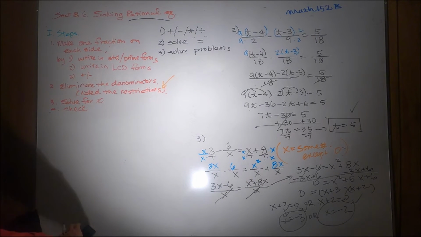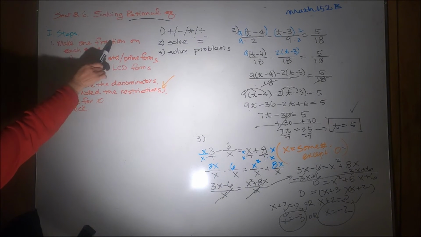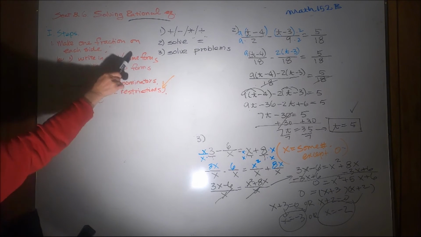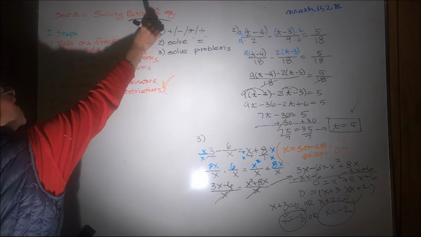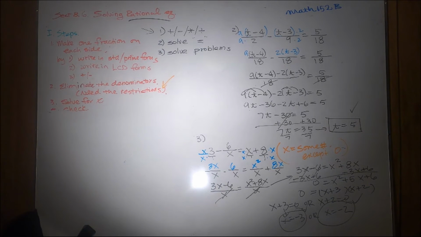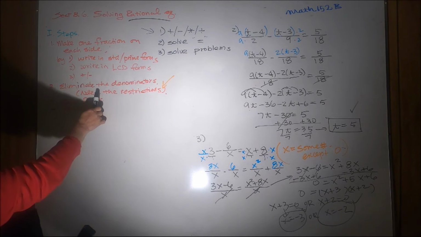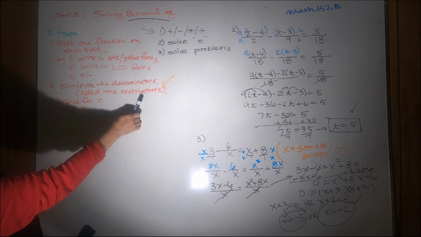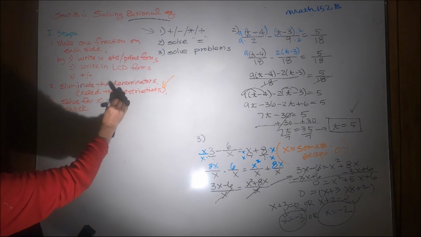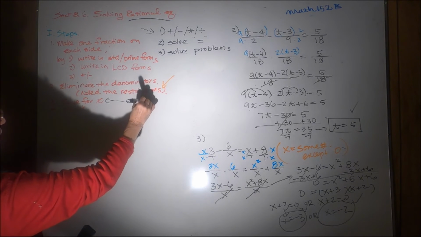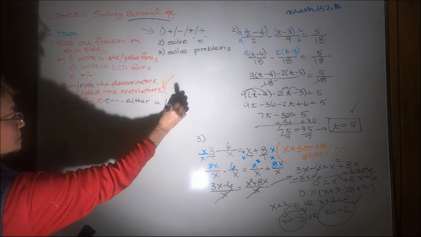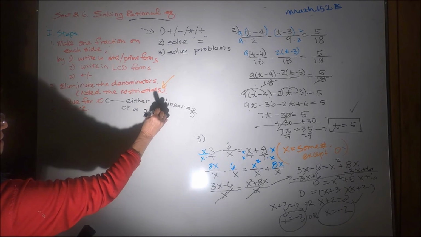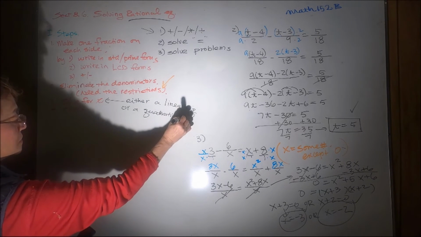You want to make sure each side is a single fraction by doing all the basic skills you have, right? Then you can eliminate your denominators with restrictions noted. Then you can solve for x. For your class, it is either a linear equation or a quadratic equation, right?